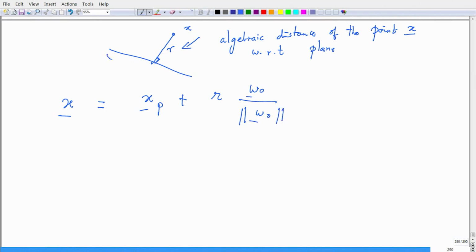right, and xp is this, right, and this is the direction of w naught, and you normalize it you get the norm, the direction to be normalized to unity. So this is the direction, this is a unit vector in this direction, right, and r is the distance that you will have to scale.